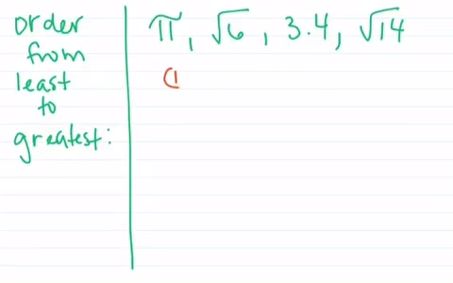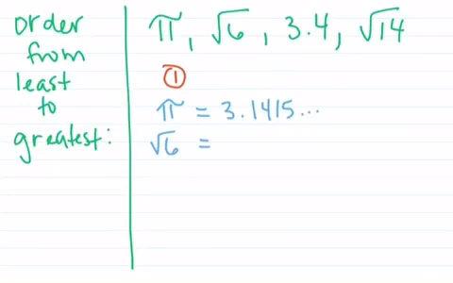So, step 1, let's turn our numbers into decimals. Pi is 3.1415, and it keeps going. The square root of 6, and I always like to just start out lining up all my numbers vertically. That way I know that I'm on the right track. Square root of 6, again, you're using your calculator, 2.449, and it continues. 3.4 is already in decimal form.